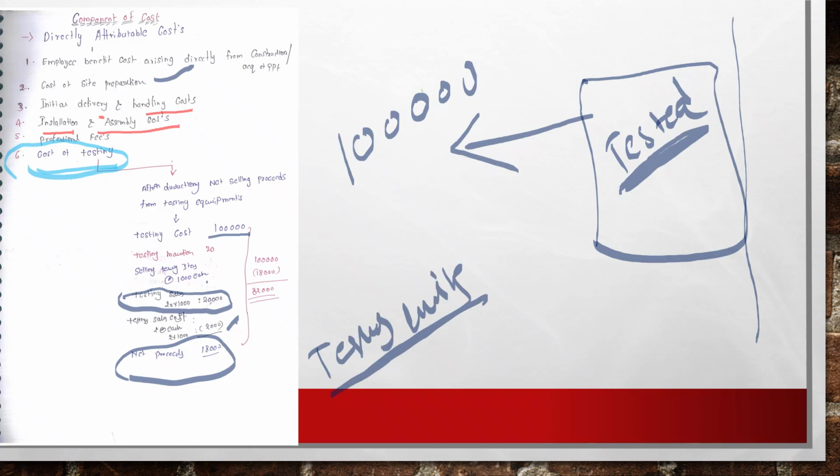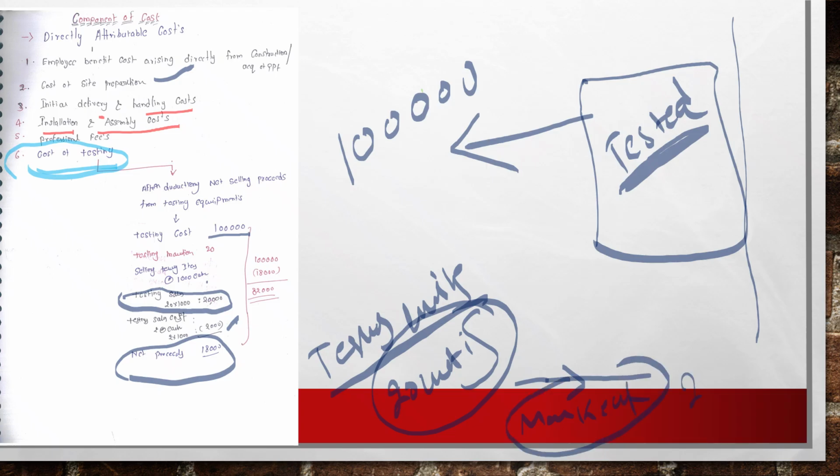Say suppose in those tests you might have got 20 units. Those 20 units you can sell in the market as defective products or whatever it is, as a sampler or at lower cost. For these 20 units we have a market, so we can sell them for 20,000 after incurring 2,000 cost. So 18,000 is the net proceeds from selling these 20 units.